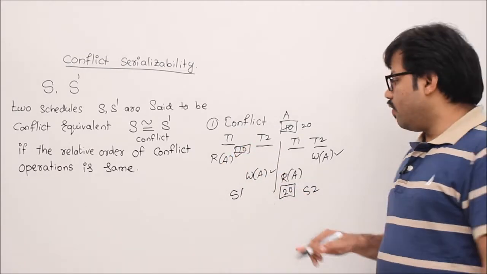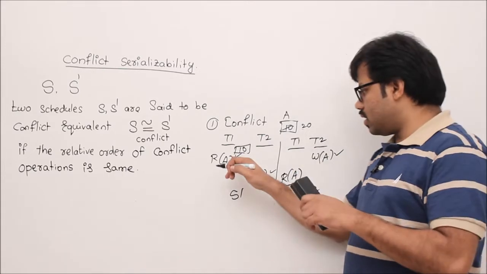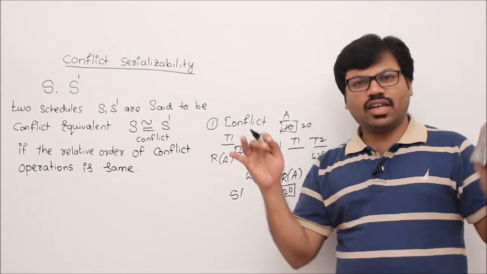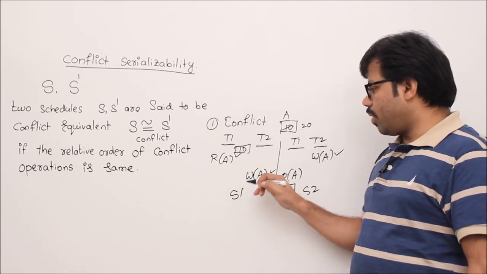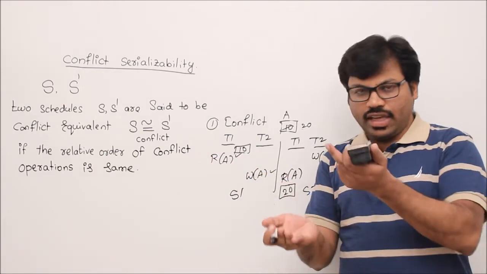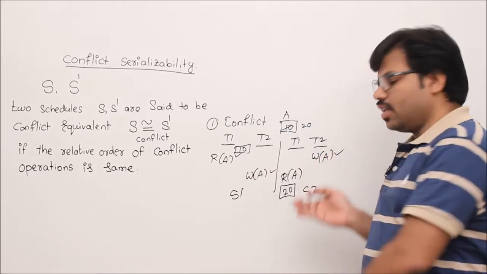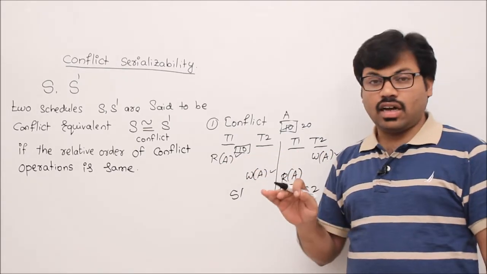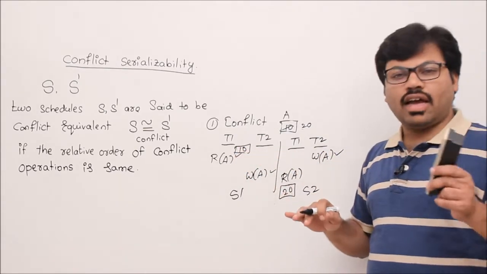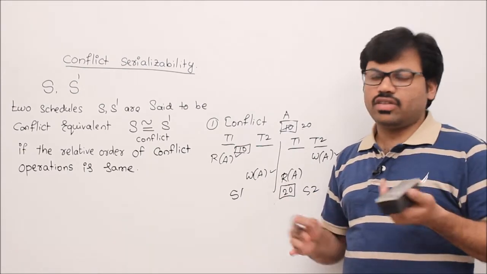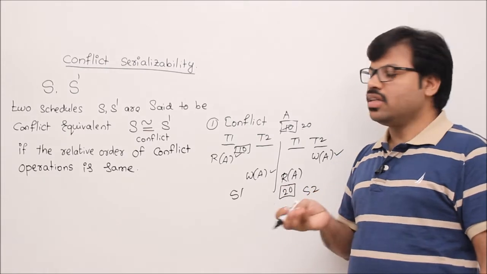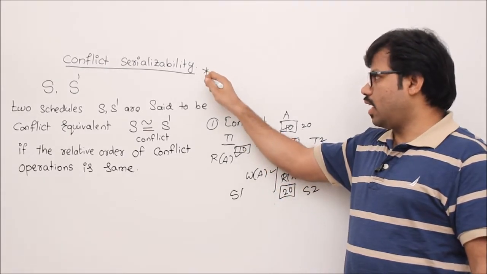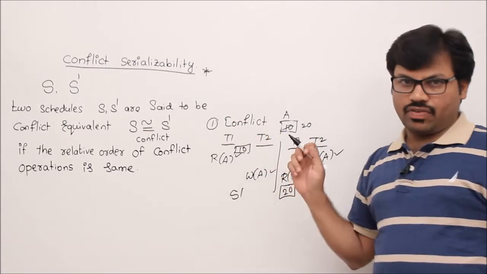Whenever you have a read operation in one transaction and a write operation in another transaction, if their relative order is changed like this, then the two schedules cannot have the same effect. They are not equivalent. That's quite obvious, right? That is the main concept of conflict serializability. How we use it, we will see.